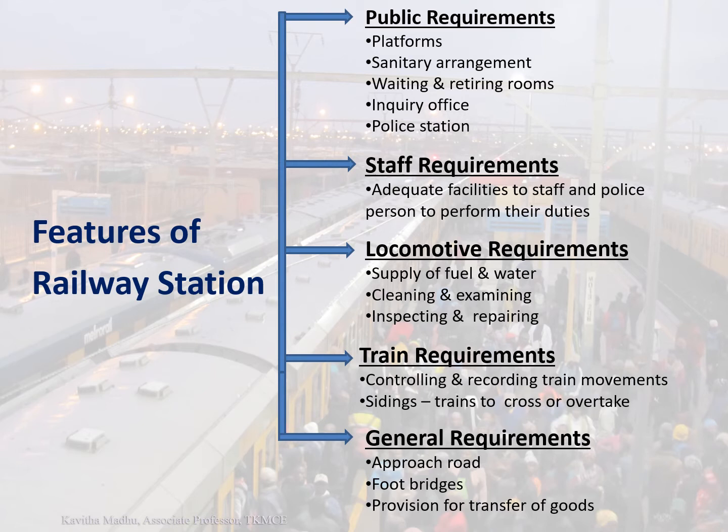Then regarding the train requirements, various facilities like arrangement for controlling the movement of trains by means of signals, then arrangement for movements and recording of trains. Then there should be sufficient number of sidings for receiving, sorting, storing and departing of trains should be provided. These are the train and locomotive requirements.